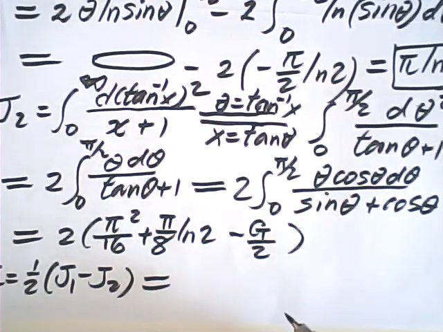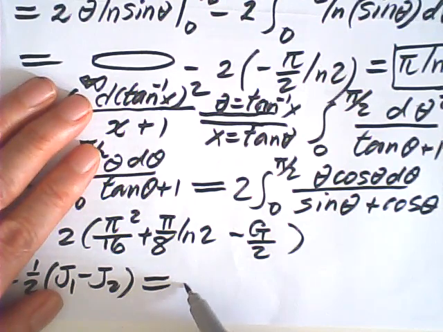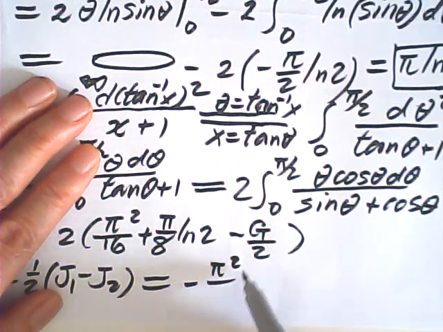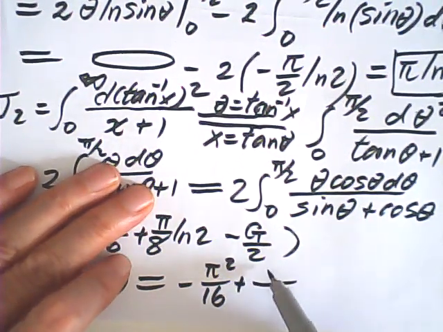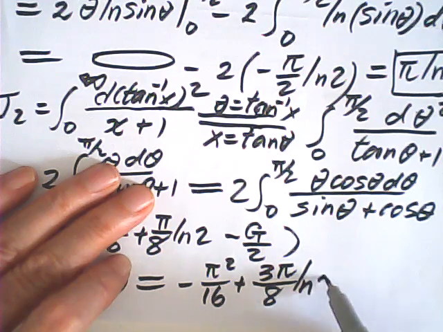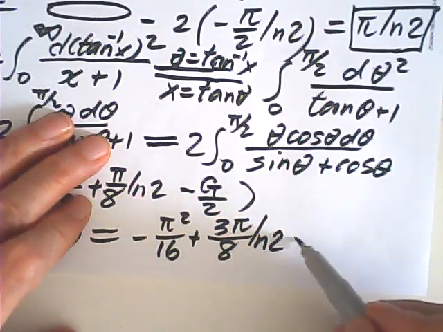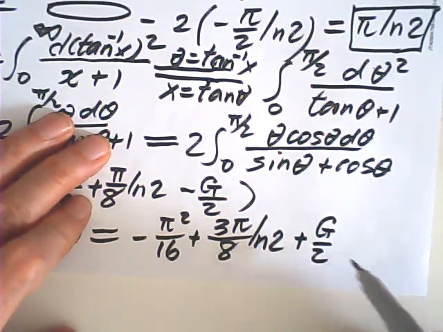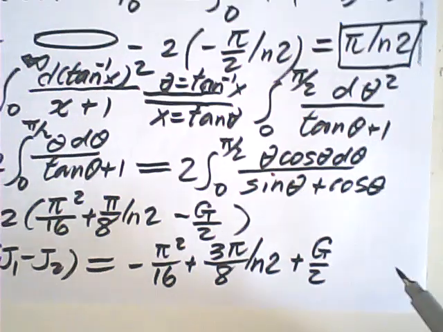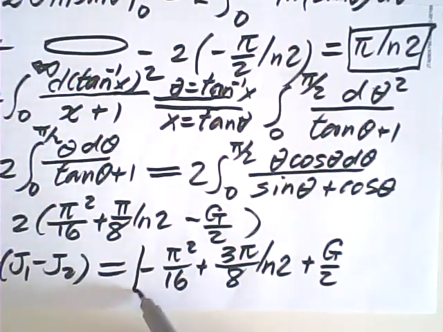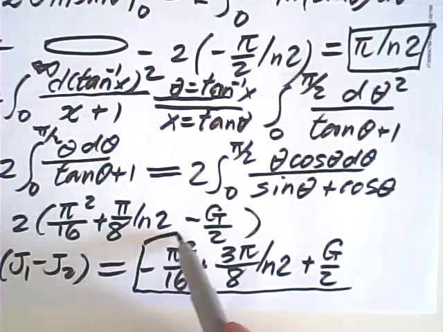So that ends up with pi squared over 16 plus 3 pi over 8 log 2 plus half G. G is the Catalan constant. Okay, so that is the result for this integral.